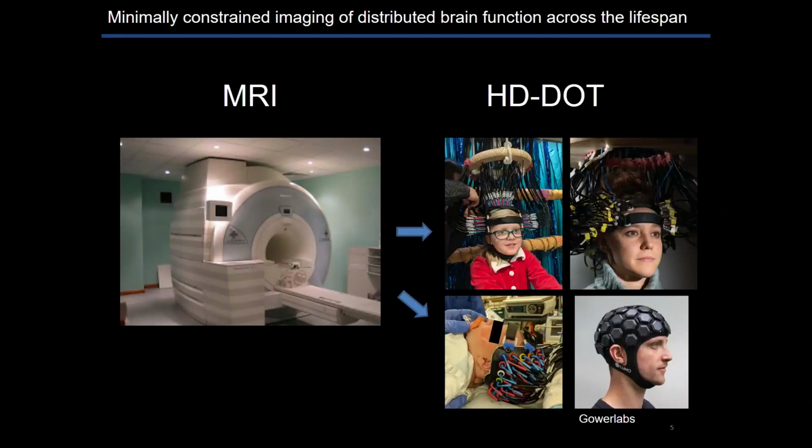So again, the main focus that we have in our lab at WashU is to be able to provide minimally constrained imaging of spatially distributed brain function fully across the lifespan, with the perspective of having fMRI comparable image quality, but in form factors of systems that you see here.